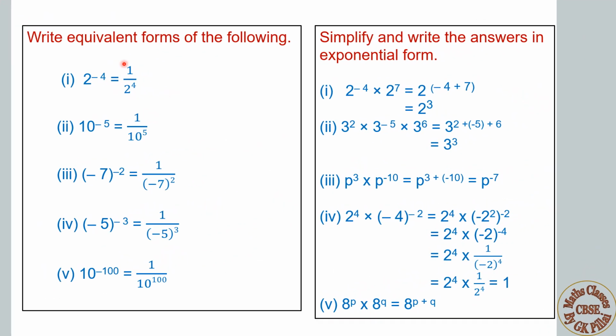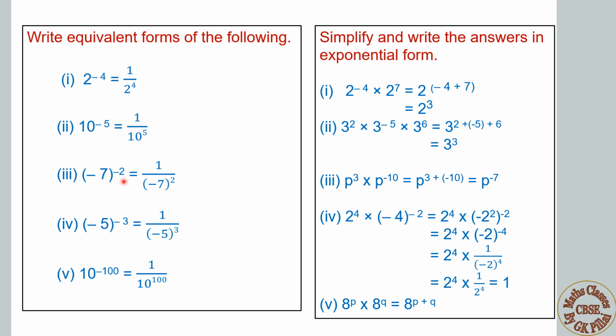The next one, write equivalent forms of the following. 2 to the power of minus 4. This can be written as 1 upon 2 raised to the power of 4. The minus in the power minus 4 will go. It will be plus 4 only. 10 to the power of minus 5 will be 1 upon 10 to the power of 5.